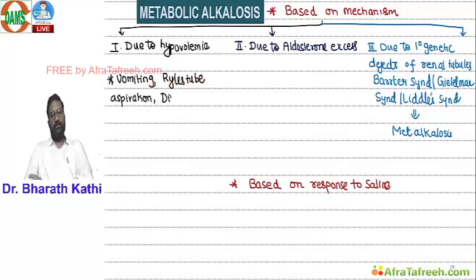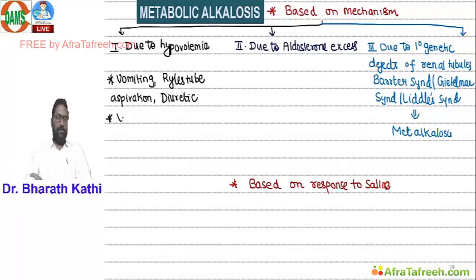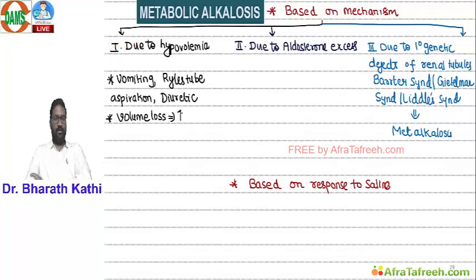And diuretic use also can cause significant hypovolemia. The end result in all this can be volume loss. Whenever there is less volume in your body, what is the system getting activated? Renin, angiotensin, aldosterone system. When there is excess aldosterone activity, these patients ultimately will land up in metabolic alkalosis.